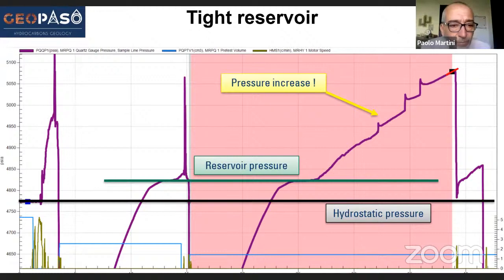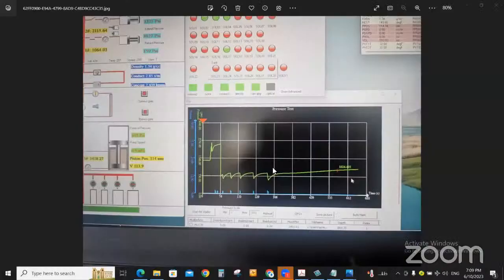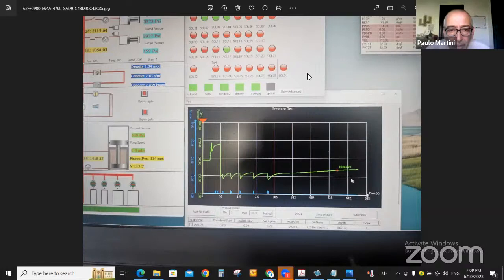As you can see, the trend of the pressure is going up, and if we wait a couple of minutes, it's still unstable. It's still increasing. It cannot be stable. Yes. So basically, here the engineer did several pretests. He set the packer.